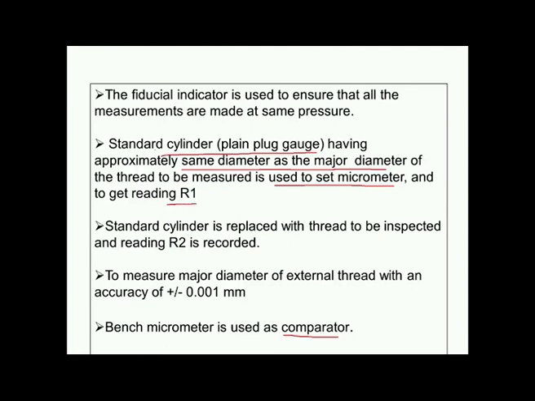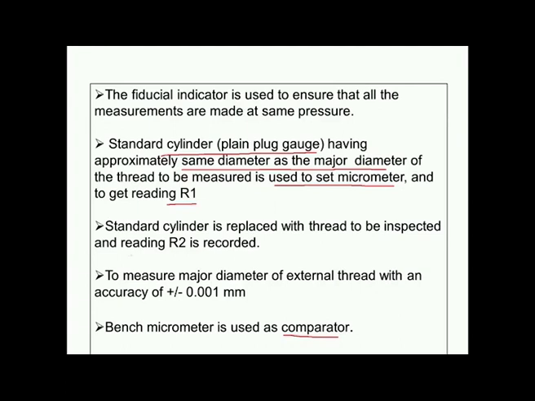So, we use the standard cylinder to establish a reference for a comparative measurement in order to reduce the possible errors. After taking reading R1, we have to remove the standard cylinder from the bench micrometer and insert the thread to be inspected between the centers, and again the micrometer reading R2 is noted down.